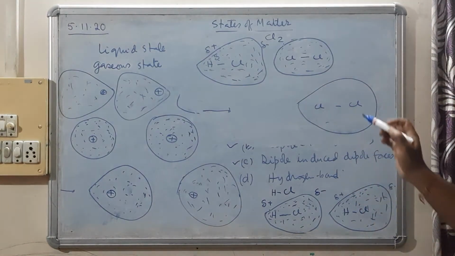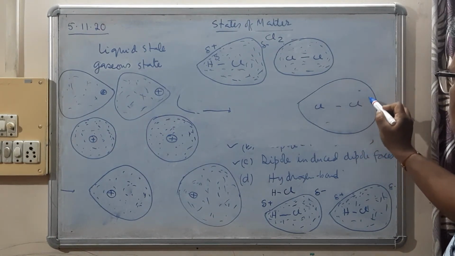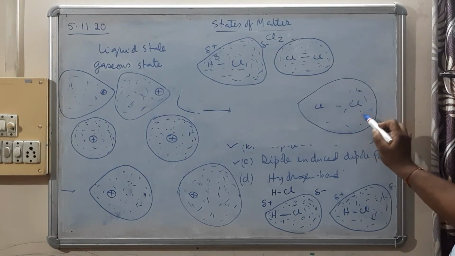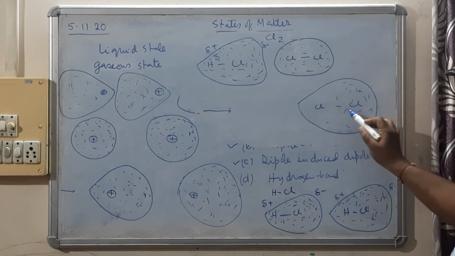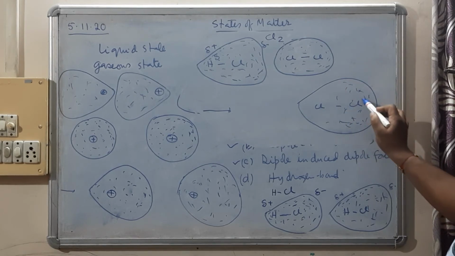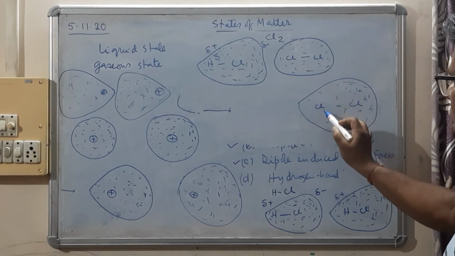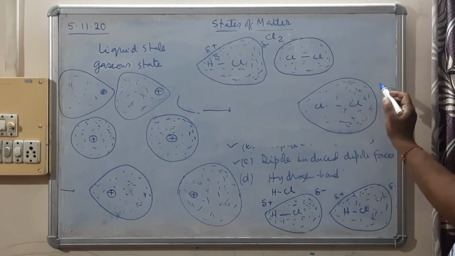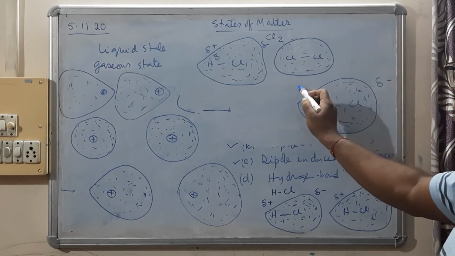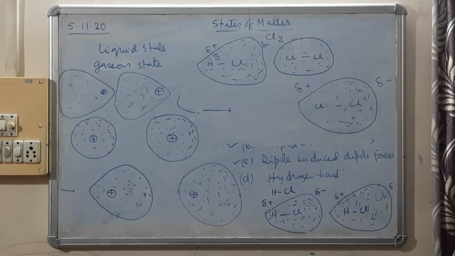There is more electron density here, less electron here. So here there will be delta minus, here there will be delta plus.